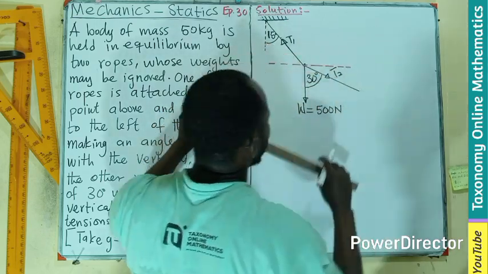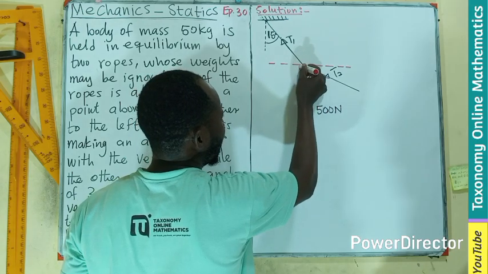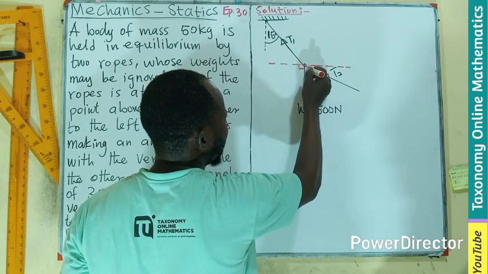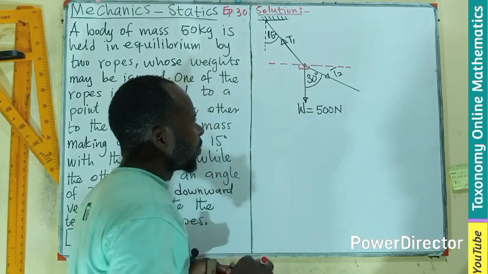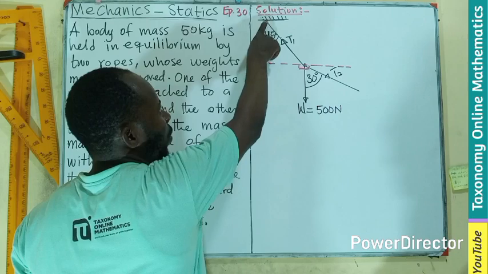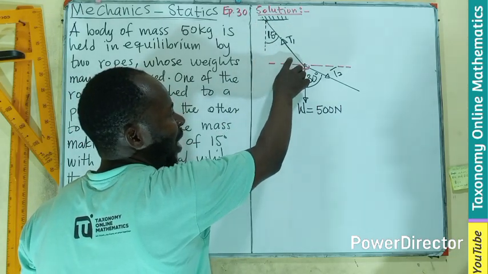If that is done, this area is going to be 90 degrees because it's perpendicular. Here will also be 90 degrees because it's perpendicular. If that is true, this is parallel to this horizontal, so the angle here will be equal to this angle.